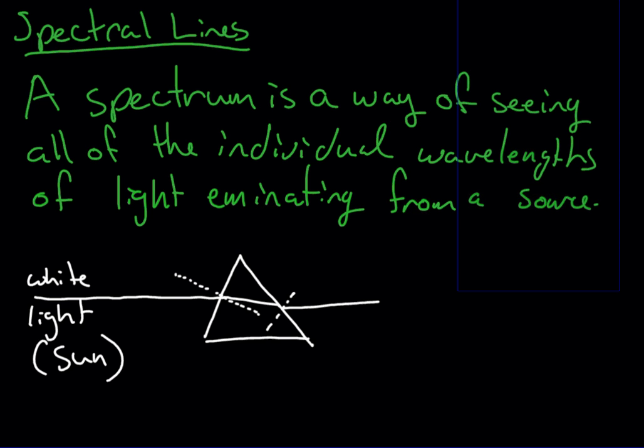So it turns out that purple light bends the most. It bends more than the other colors. And you end up with a line of purple there. And at the other end, red light, it bends the least, okay? And in between, you get all your different colors of light spreading out.